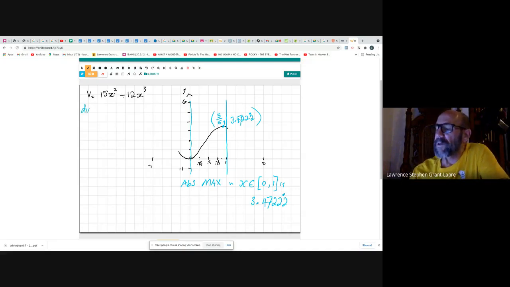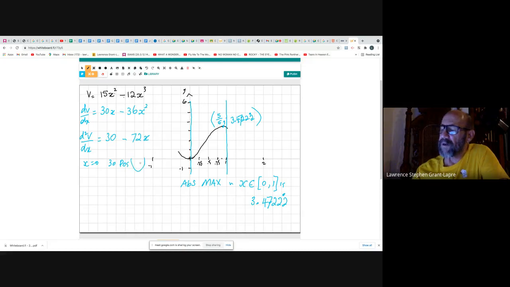So during the question, we had to do the derivative. To solve the derivative, we found 5/6 and 0. We found the second derivative. If you substitute the values for x, when x is 0 you get a value of 30, which is positive, which means concave up.